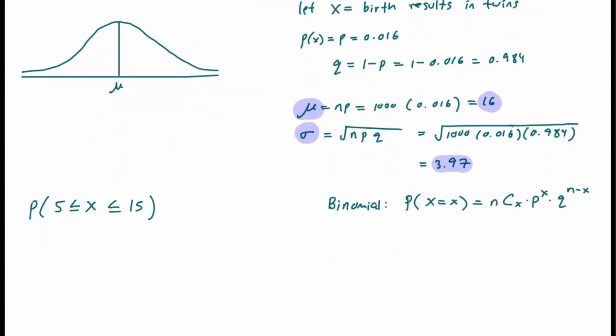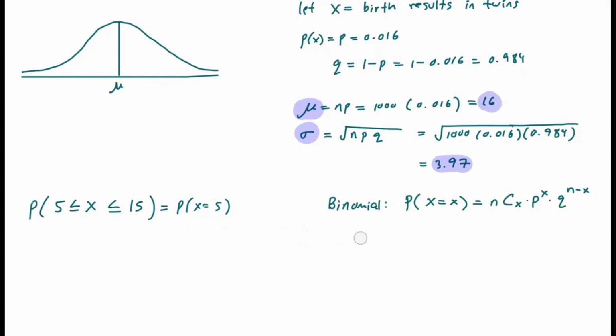So if you were to use that for this problem, you're going to have to find the probability that x is equal to 5 plus the probability x is equal to 6 plus all the way up, counting up to the probability that x is equal to 15. And that is a very tedious problem.